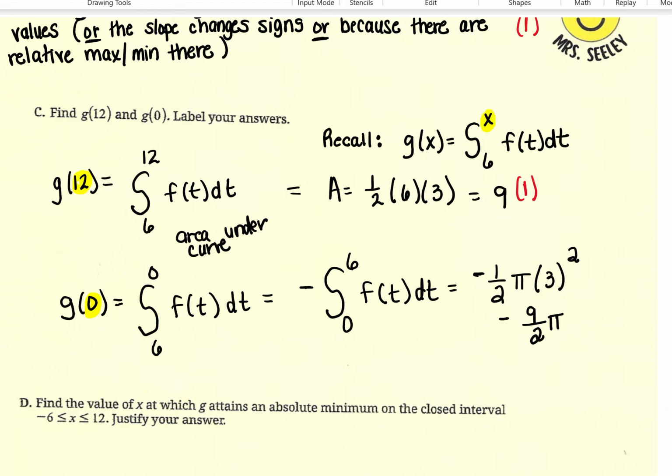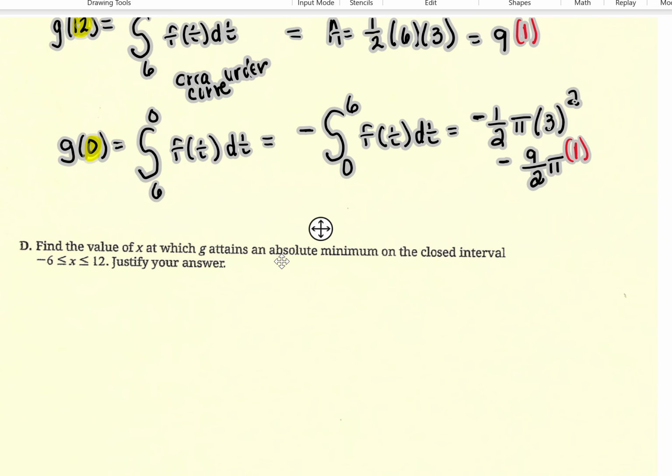Okay, then let's take a look at the last part. The last part says to find the value of x at which g obtains an absolute minimum on the closed interval from -6 to 12, and we'll justify our answer. All right, so let's think about absolute minimum.